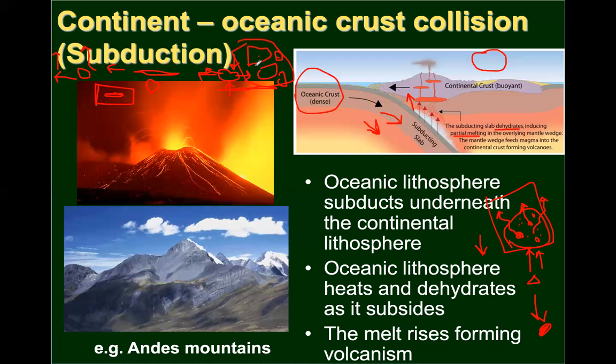Also, the modal percentages matter. Modal means how much quartz is there, how much feldspar, how much olivine, like 10% quartz, 20% feldspar. Because the amount of material which contributes to the melt also depends on the amounts available at the original source. So that's the idea behind partial melting.